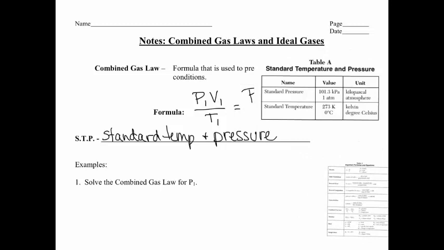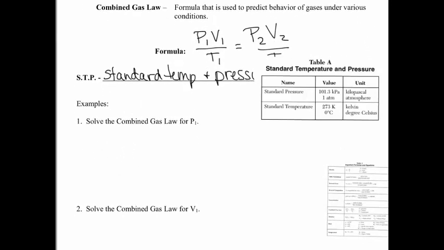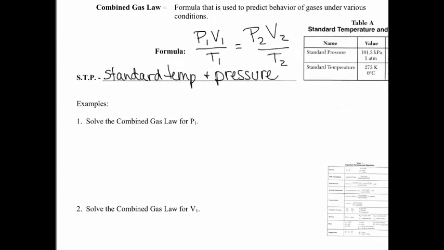Now we're going to do some math that might be a little difficult, at least traditionally. I've seen that it's difficult for my students. But what I find is students don't write letters wrong when they're rewriting equations. They tend to write numbers wrong though. So what I'd like to do is attempt to solve that combined gas law for different variables within the gas law without substituting any numbers.